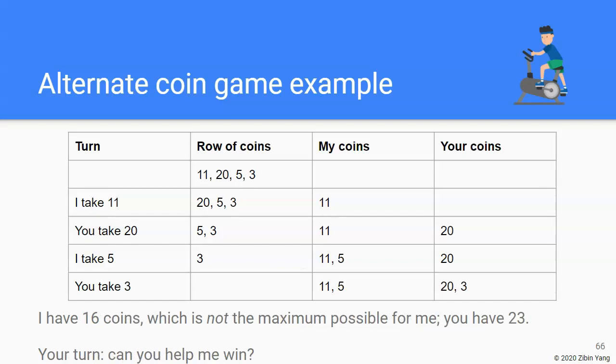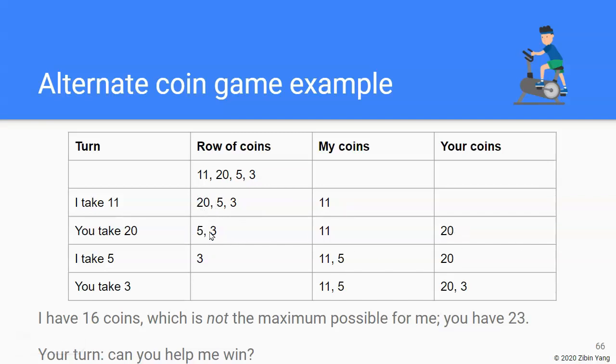Now, let's try a different row of coins. This time, 11, 20, 5, and 3. So if we follow our strategy to take the biggest coin possible at every turn, my first choices are 11 and 3, so I'm going to take 11. And then you will take 20.